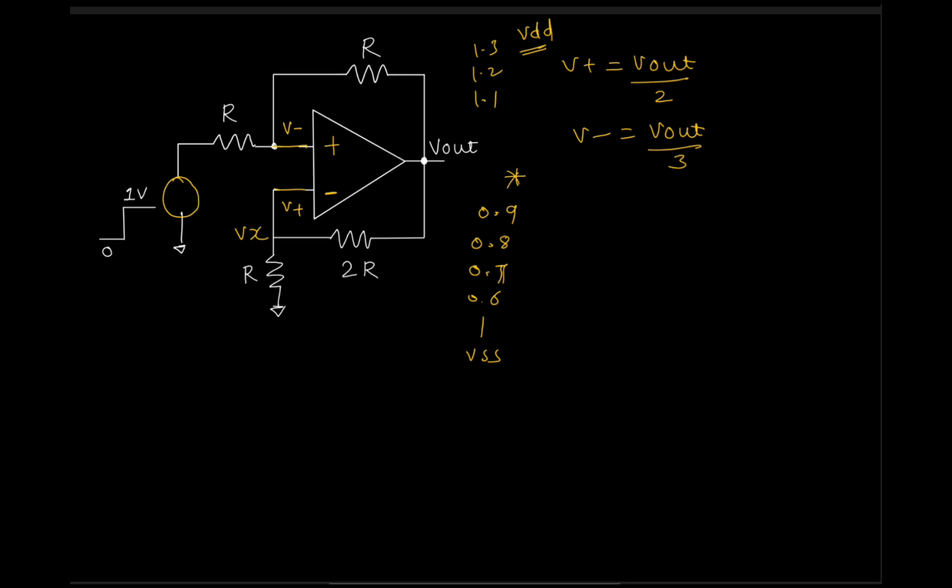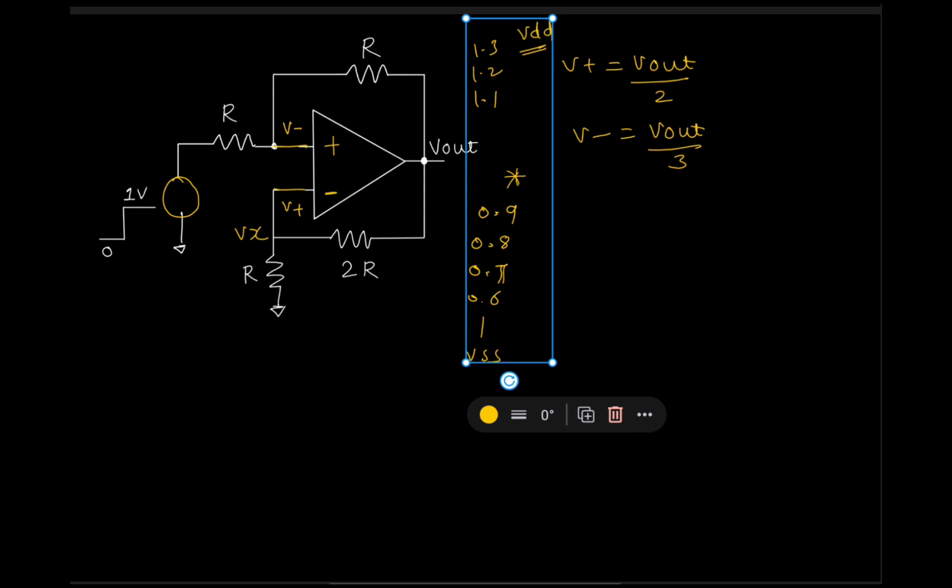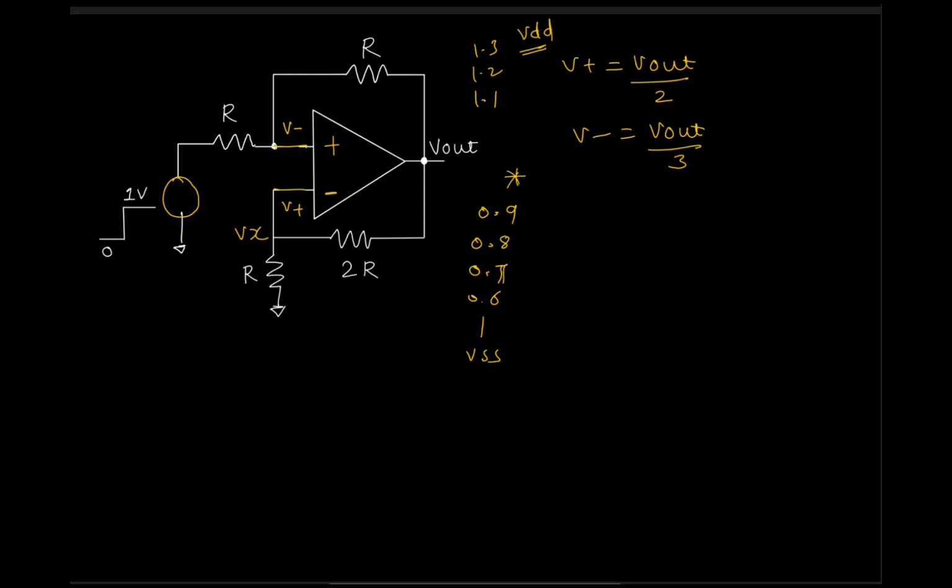So from these two things, you see this acts as a comparator. A small change in the output will make it shift to VDD or ground. So this acts as a comparator.